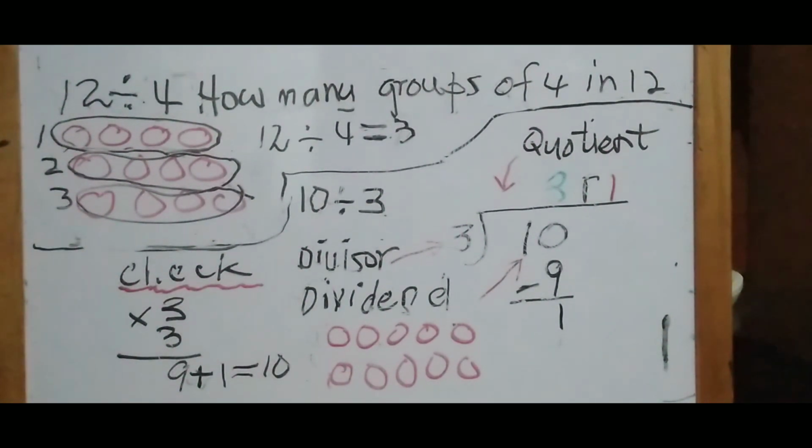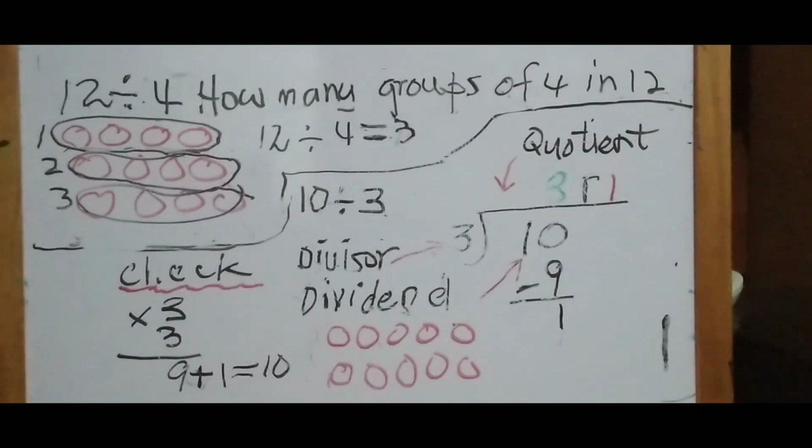So in all, how many groups do we have there? We have 3 groups of 4 apples. So 1, 2, 3, 4, 1, 2, 3, 4, 1, 2, 3, 4. So in other words, 12 divided by 4 equals 3. So you can get 3 groups of 4 out of 12. So 12 divided by 4 is equal to 3.